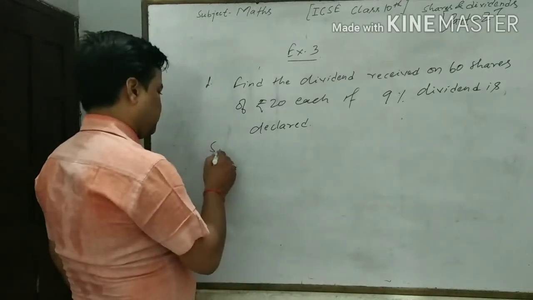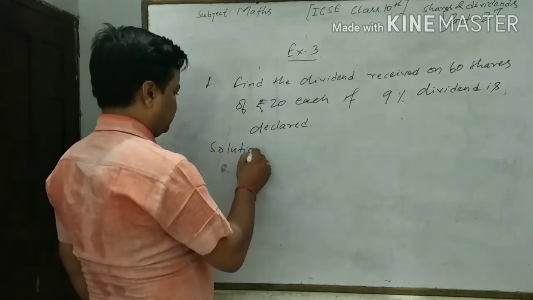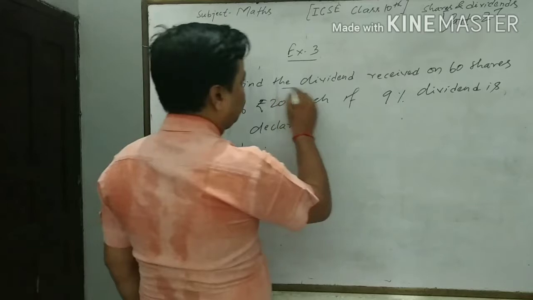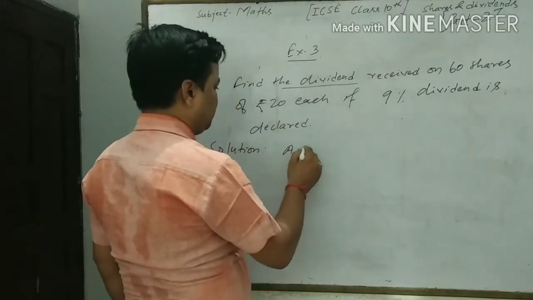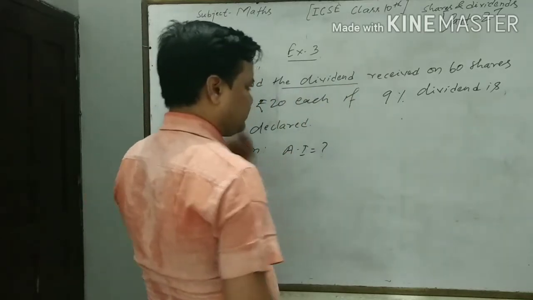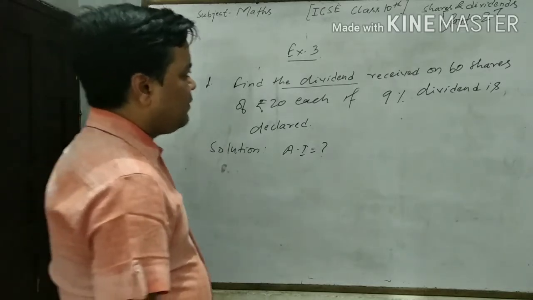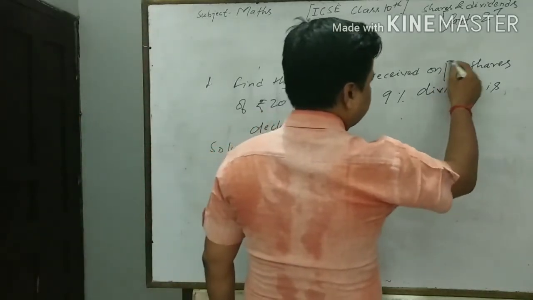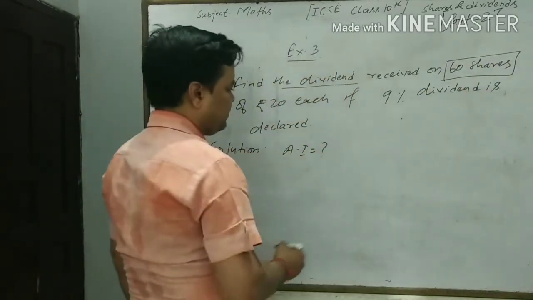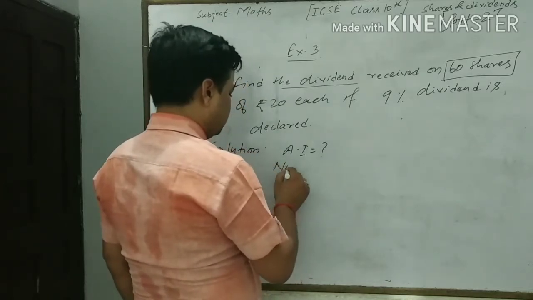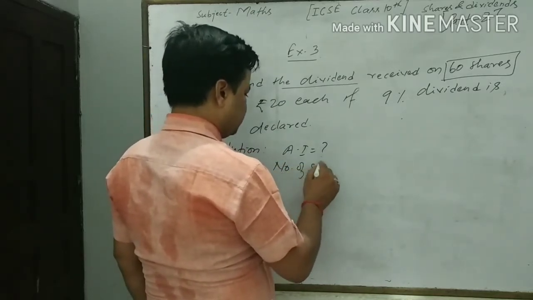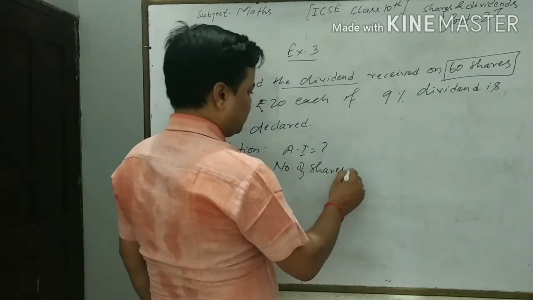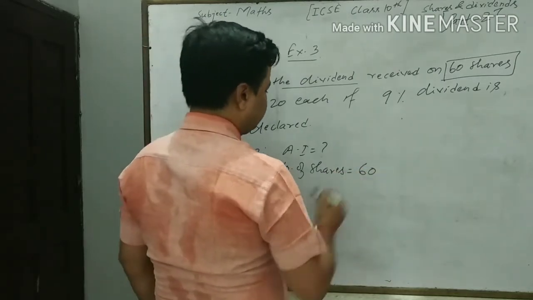Solution. How do we solve? Find the dividend. Dividend means annual income we have to find. Received on 60 shares. It means number of shares is equal to 60.